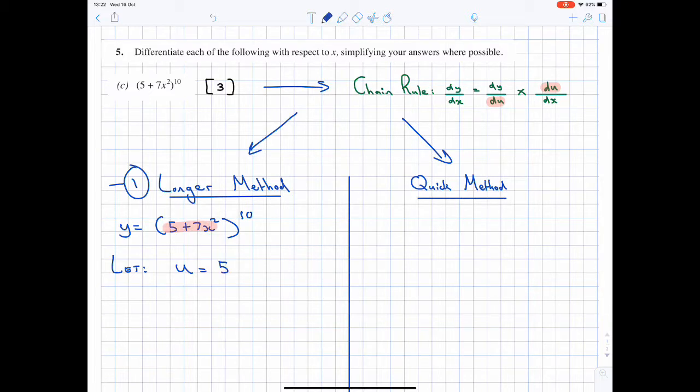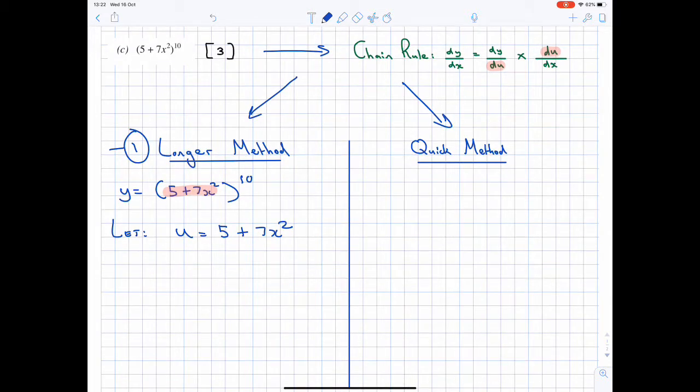So u equals 5 plus 7x squared, and if we put this back into the equation, y would be u to the 10.